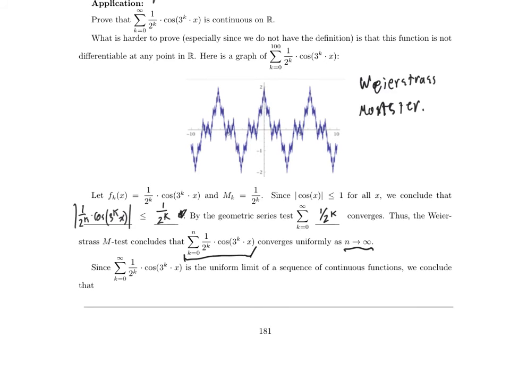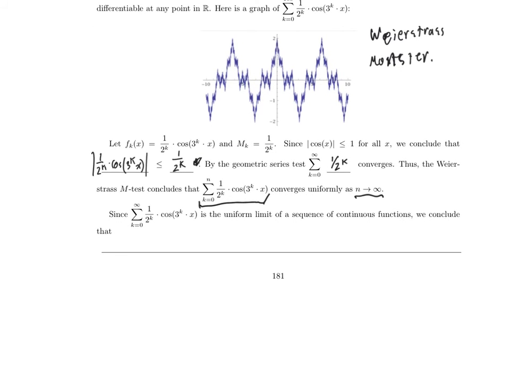So that means that not only does the infinite series exist because the sequence of partial sums converges, it's the uniform limit of a sequence of continuous functions. So we can conclude, because it's the uniform limit of a sequence of continuous functions, that the sum from k equals 0 to infinity of 1 over 2 to the k times the cosine of 3 to the k times x is continuous.